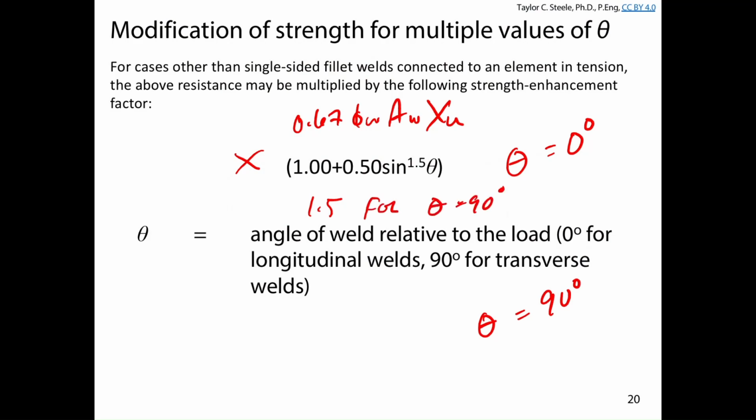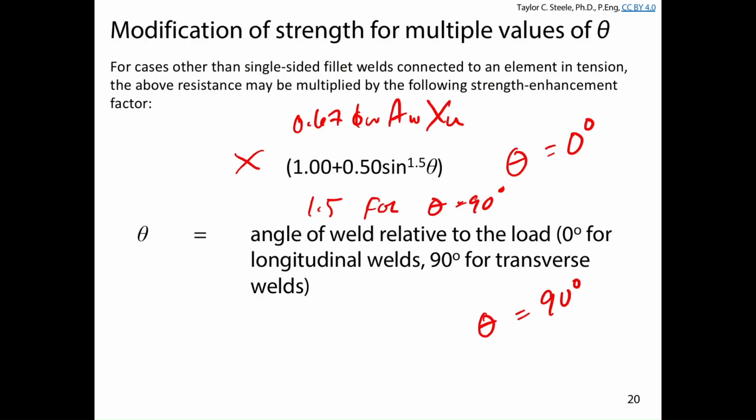All right, so basically this factor is going to be something between 1 and 1.5 for different values. When theta is 90 degrees, the welds are in pure tension, and so we get the full tensile strength. 1.5 times 2/3 of XU is XU. When theta is 0, we get just 0.67 VW AW XU, and we could get anything in between for different potential segments of weld.